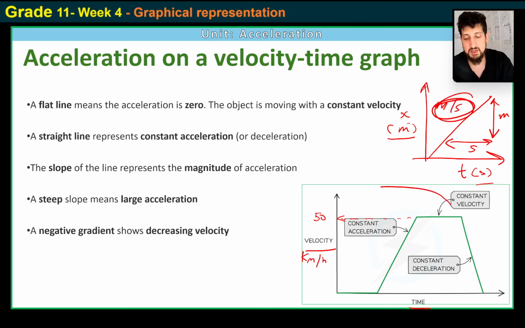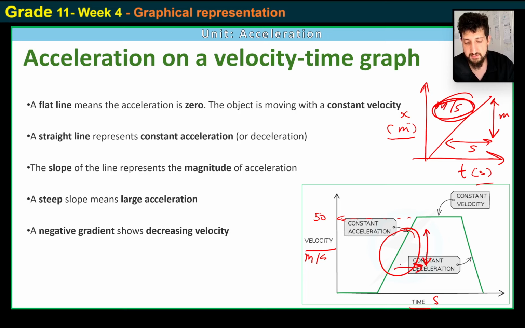What about the gradient over here? What does that represent? Well, let's have a look. Over here, I've got velocity, which is meters per second. That's the conventional SI unit for velocity or speed, meters per second. And of course, we've got time, which is measured in seconds. So what's going to be the gradient in this instance? It's going to be rise over run, once again.